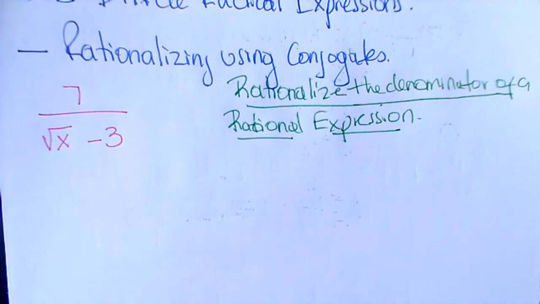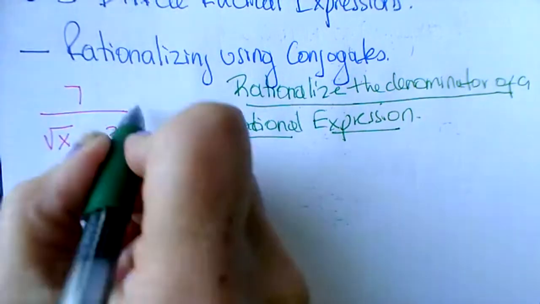How? By multiplying by 1. But it's not going to be a regular 1, because that 1 is going to be made out of the conjugates.